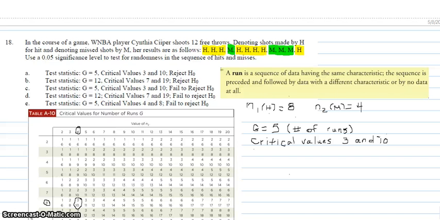Now, because G equals 5 is neither less than or equal to the critical value of 3, nor greater than or equal to the critical value of 10, we do not reject randomness. So we are going to fail to reject H0. So there is not sufficient evidence to reject randomness. So because we are failing to reject H0, our answer here is going to be C.